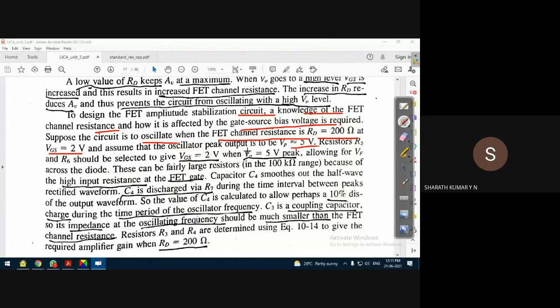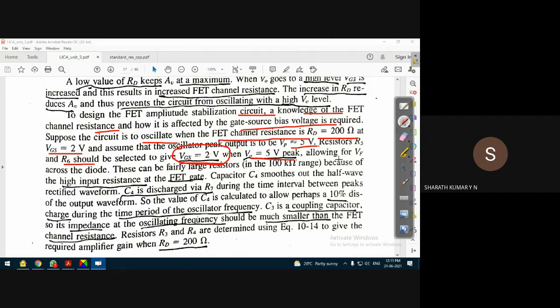Then R5 and R6 should be selected to give VGS equal to 2 volts. That means R5 and R6 should be selected such that the gate to source voltage is 2 volts when the peak to peak voltage is 5 volts.